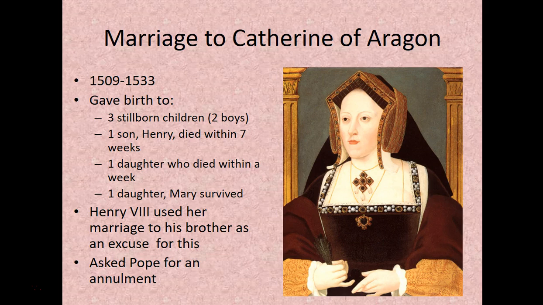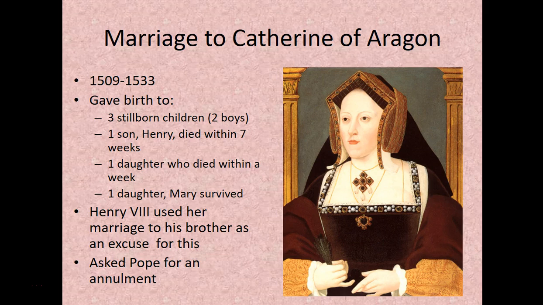But there's one major difference here. When Henry asks for this annulment of the Pope, there's a Holy Roman Emperor by the name of Charles V. This Charles V happened to be the nephew of Catherine of Aragon.